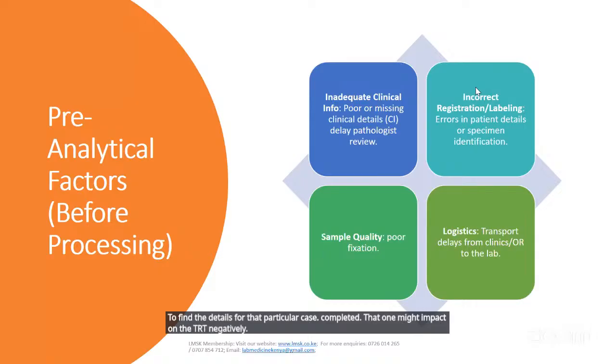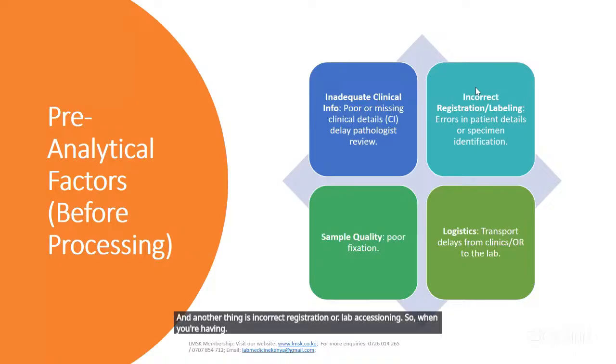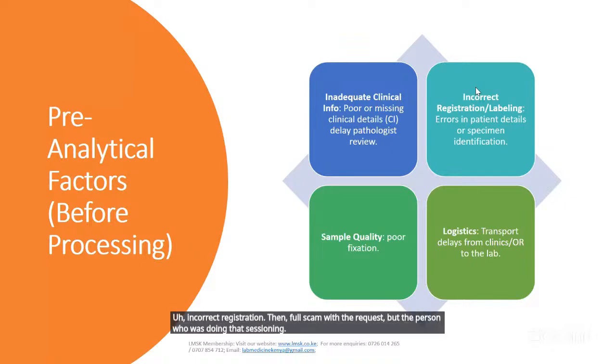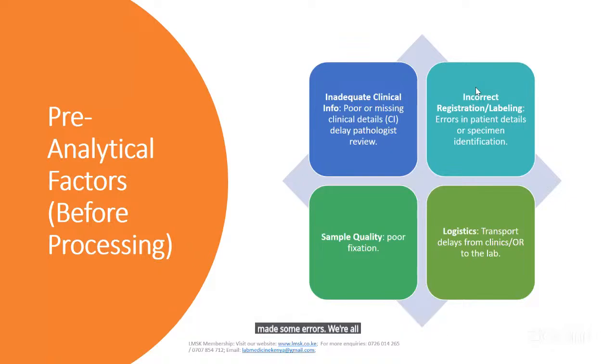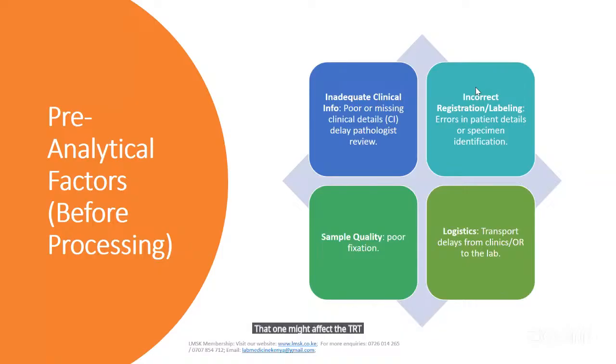Another thing is incorrect registration or lab accessioning. The samples came with the request, but the person who was doing the accessioning made some errors. We are all human and we are prone to errors. Errors in accessioning, or even during grossing when you're writing the cassettes, might affect the TAT for samples, because you'll find that there is some mix-up.